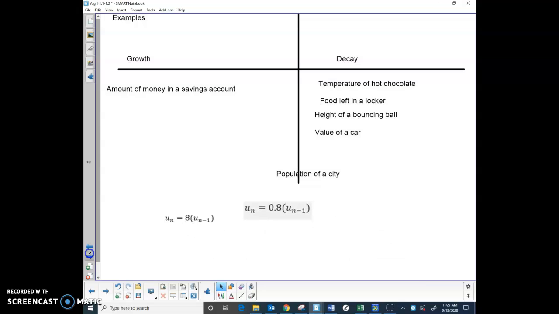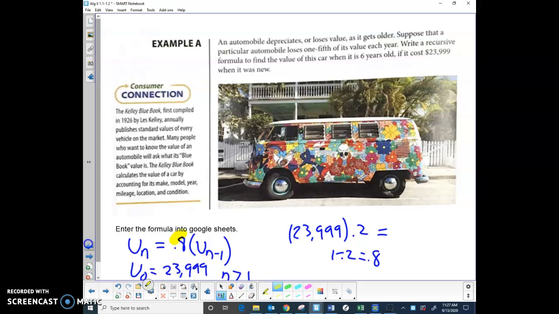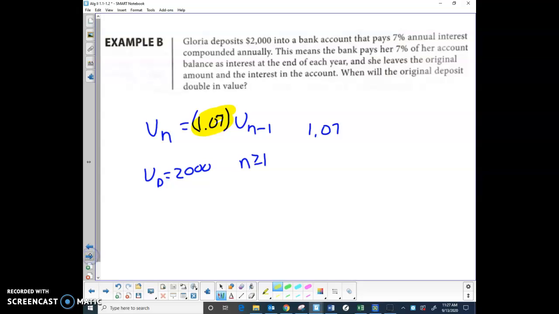All right, now we're left with these two formulas. So how do we know where they fit? If we look back at the two formulas that we wrote, what we are looking at is this number and this number. If you look at those common rates, remember that's our common rate. This is a geometric sequence for multiplying. If you notice, this one is 0.8 and that one is 1.07.